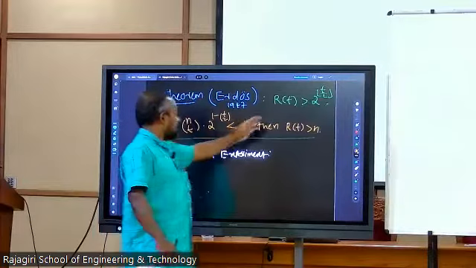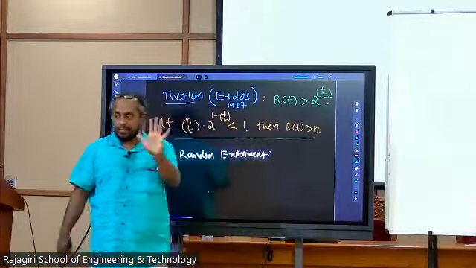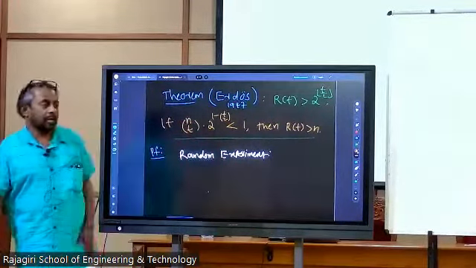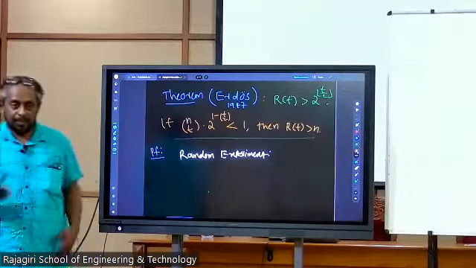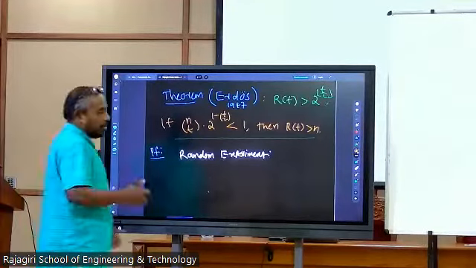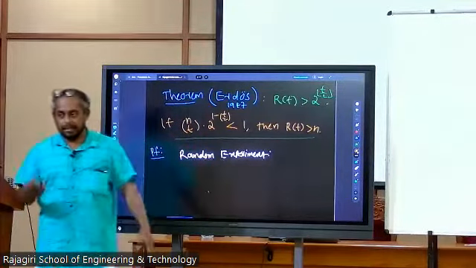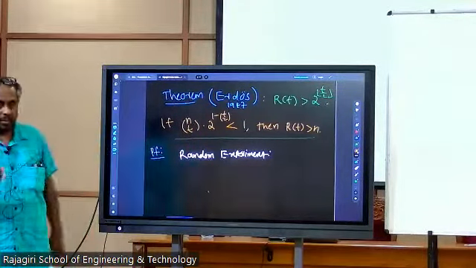So if t is 100, then 2 raised to 50 is a lower bound for the Ramsey number. Upper bound, again, I encourage you to find an upper bound, which is something you can actually show using induction. But you need some observations.